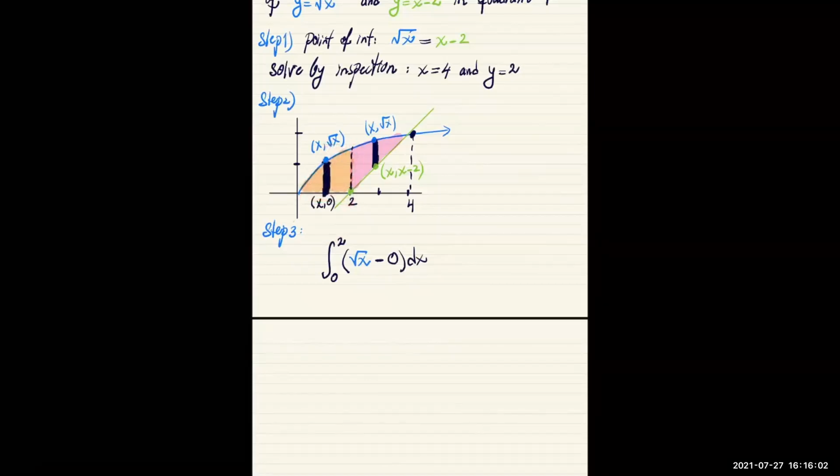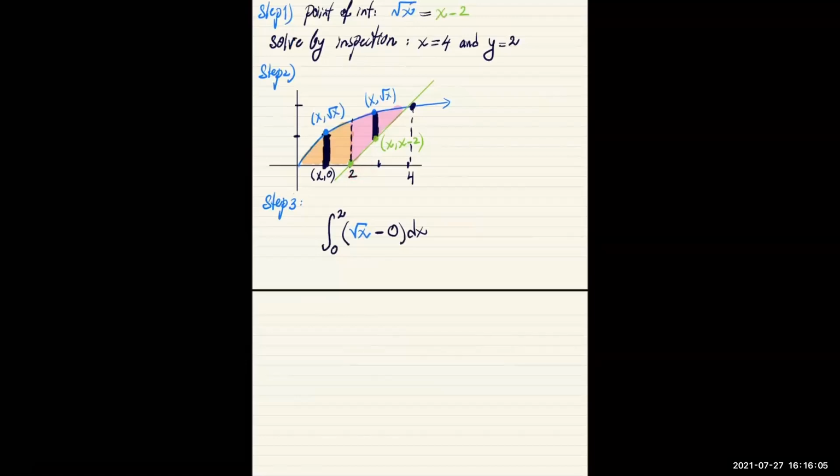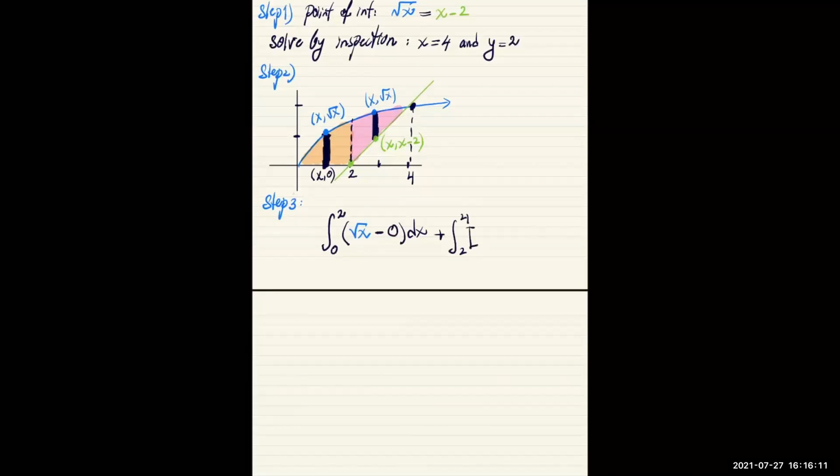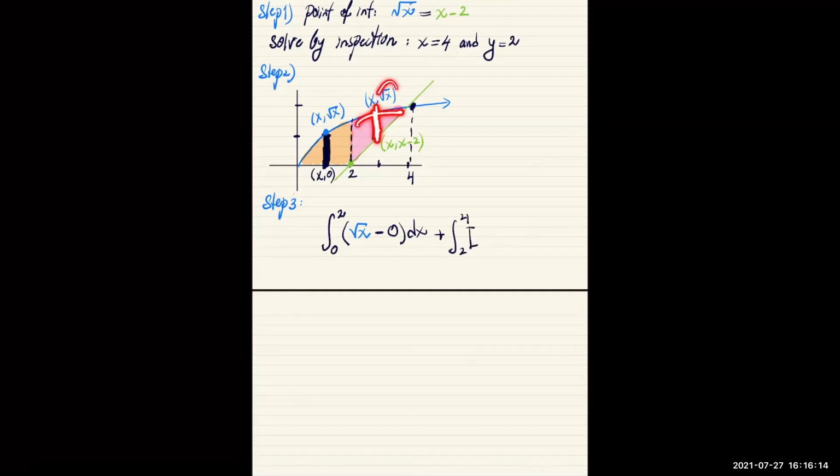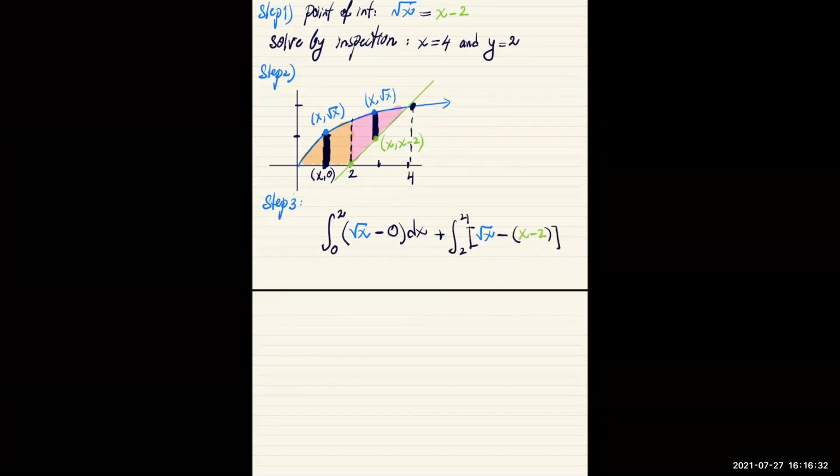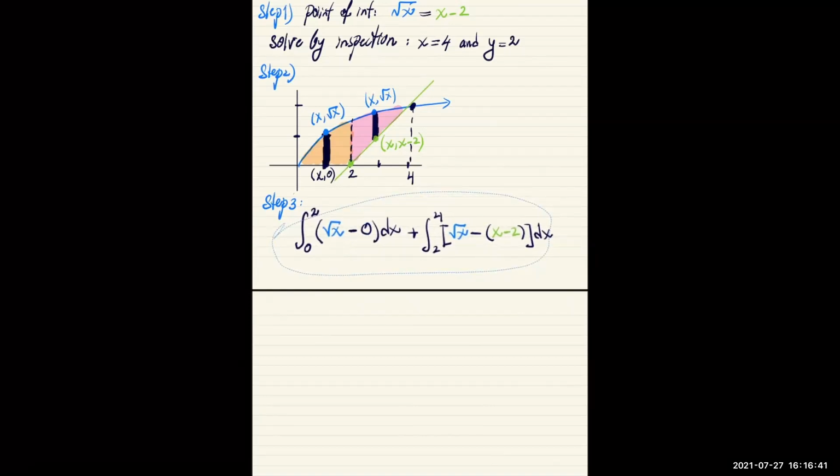And then from 2 to 4, the top function, again, is root x, minus the bottom function, the green function, which is x minus 2. Don't forget that thing is in parentheses, dx. So the total of these two integrals gives you the area of the whole region.